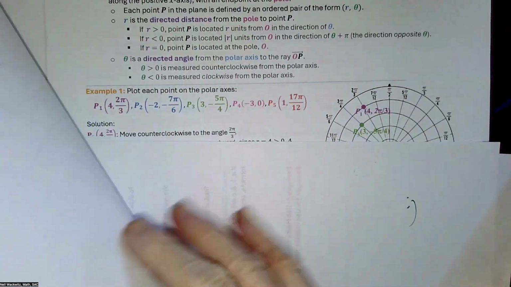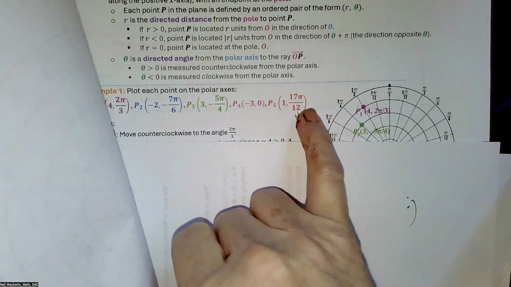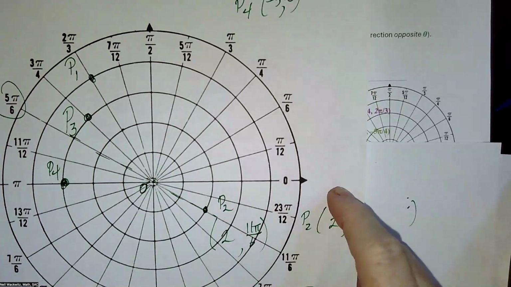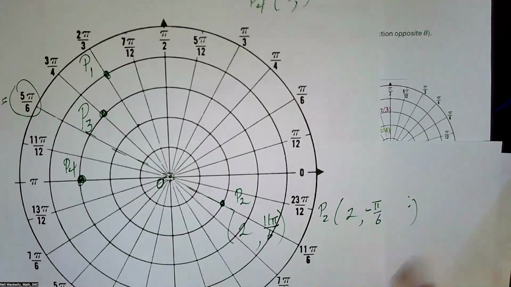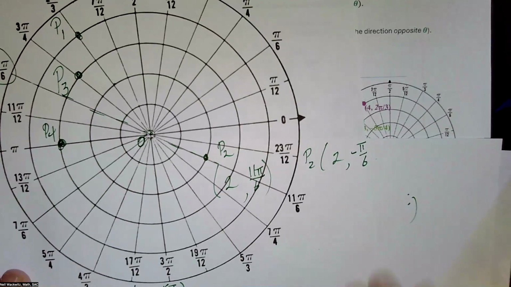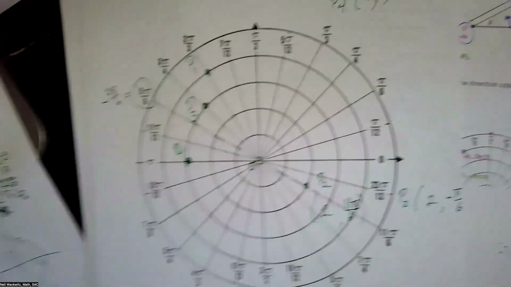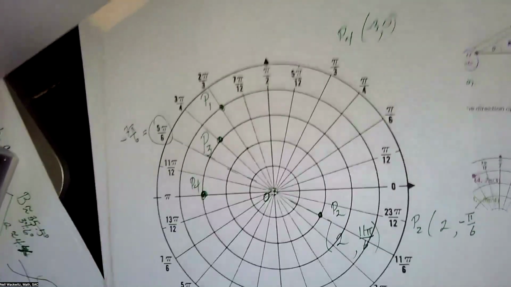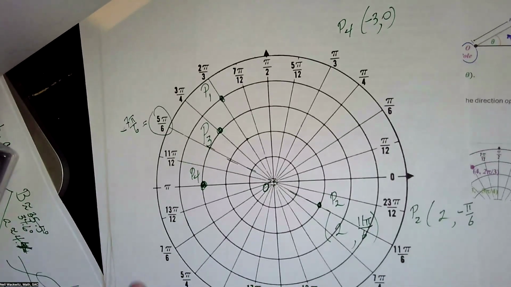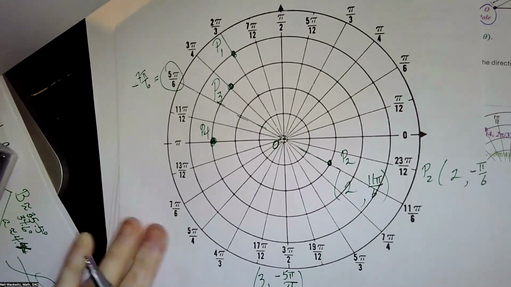And then finally we have P5, which is 1, 17 pi over 12. And I did that because this particular polar graph paper is marked off in 12.